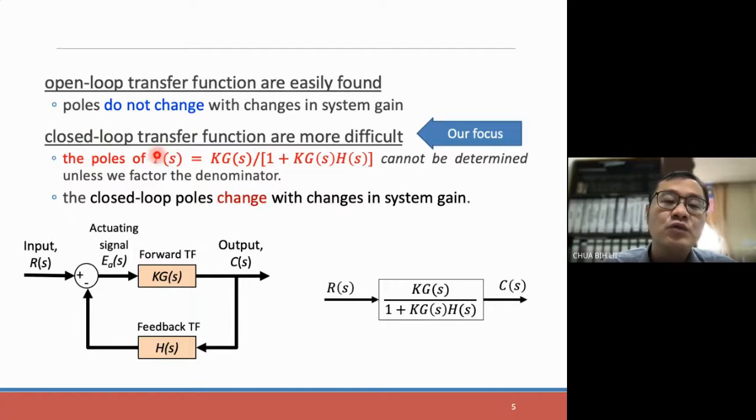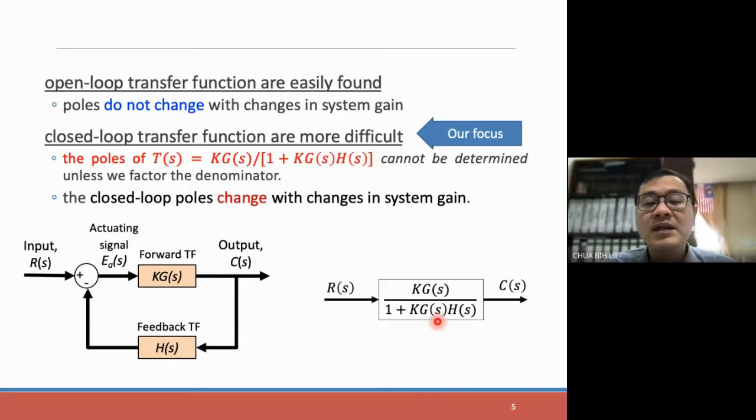We analyze this because it is a little more difficult, and the poles depend on the gain k in the denominator part. A normal closed loop transfer function will be in the form kG over 1 plus or minus something, because of the feedback transfer function.